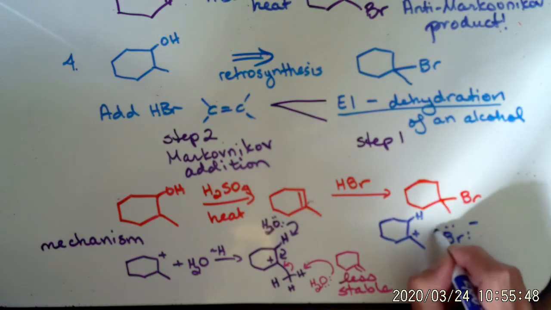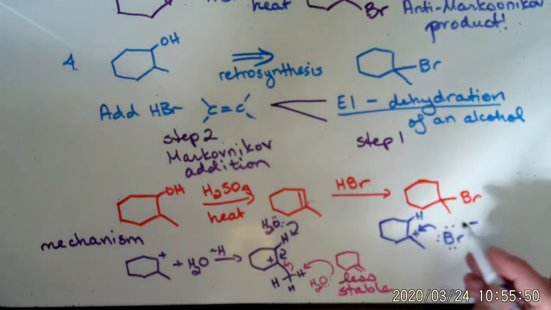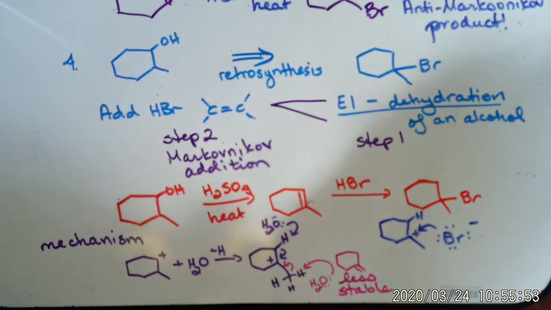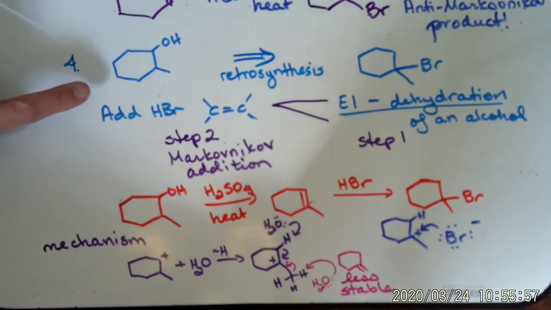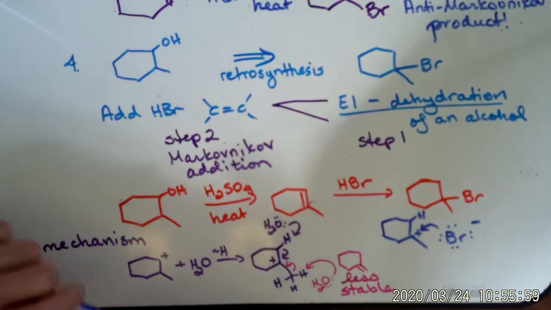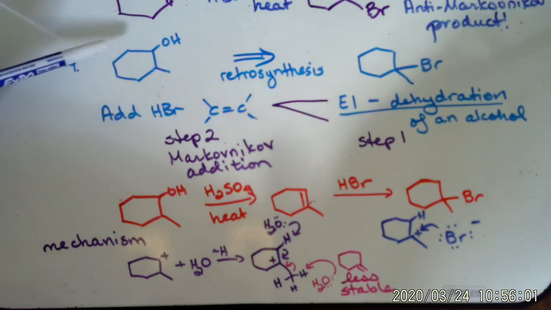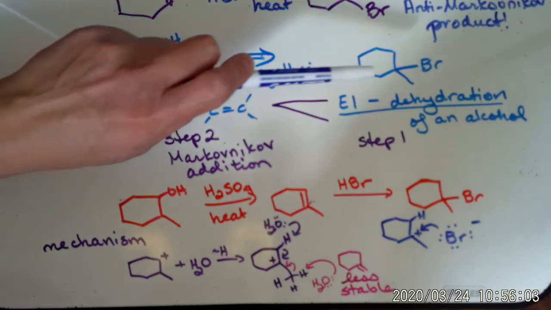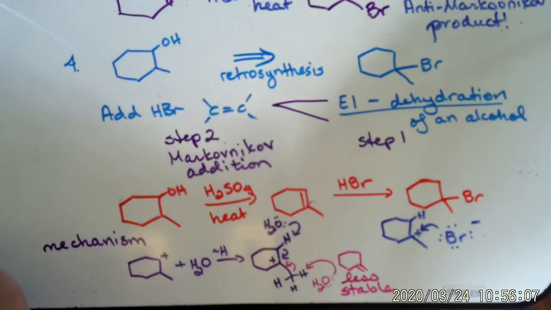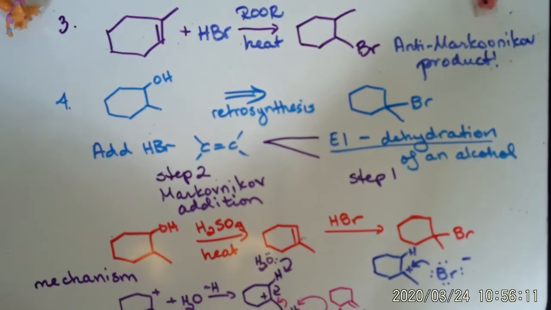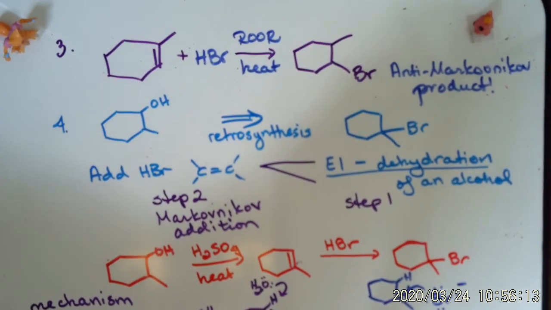And then now your bromide can attack and you get your final product. So this is a 2-step synthesis to go from 2-cyclohexanol to 1-bromo-1-methylcyclohexane. Okay, so that's it for examples, and we'll start on our next section.